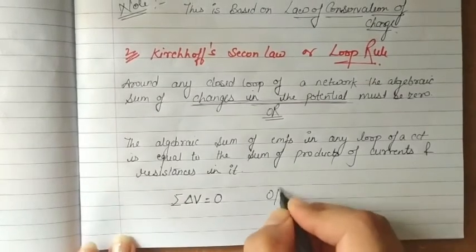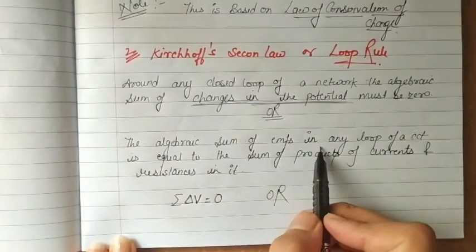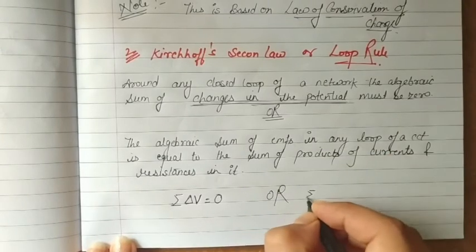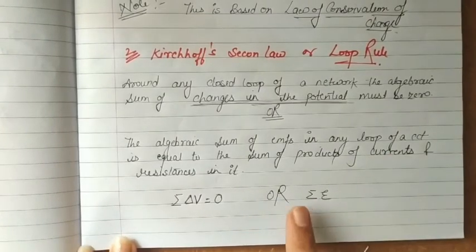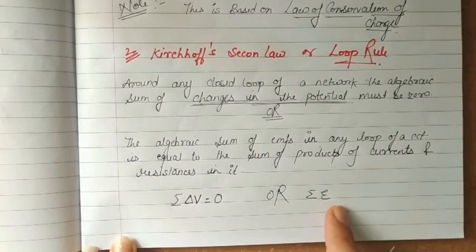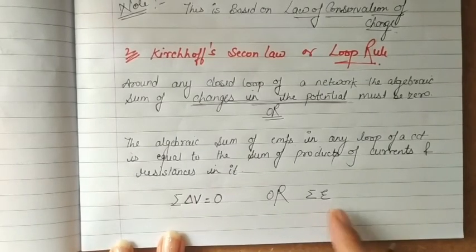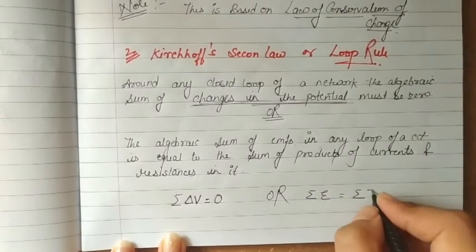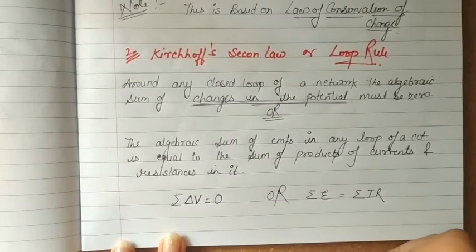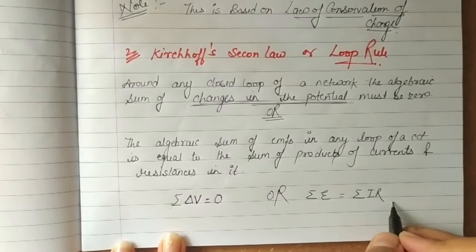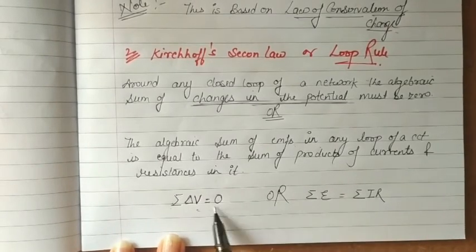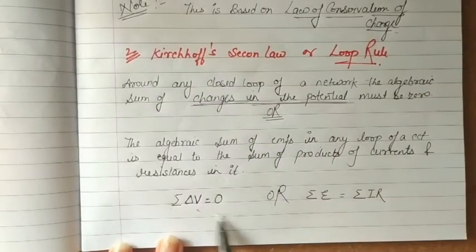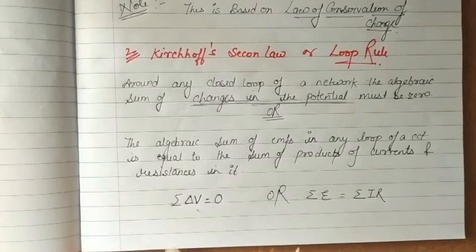Or from the second statement we can write it as: the algebraic sum of EMFs, meaning summation epsilon, must be equal to the sum of products of currents and resistances, meaning summation IR. So these are the statements that show these laws mathematically. So this was Kirchhoff's second law.